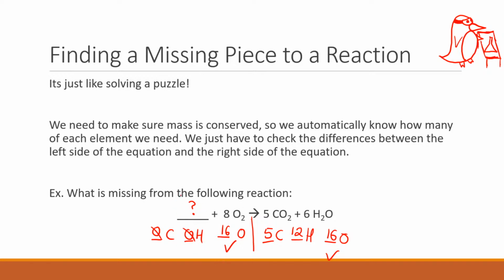So that means my missing thing needs to be C5H12. Right, so now, by checking left and right, I've got 5 and 12 and 16, which is going to match and match and match, making this reaction balanced and complete.